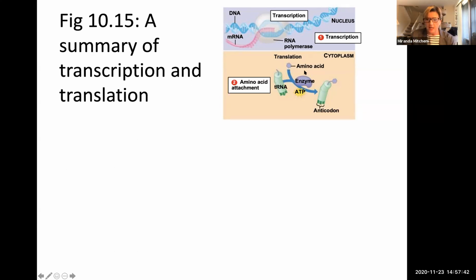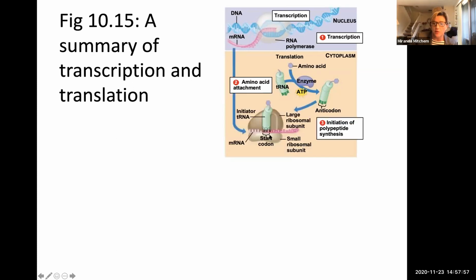So now we have to have our transfer RNA molecule that has the amino acid and the anticodon. It begins with the attachment site of everything coming together. So that's off of the start codon. Our initiator transfer RNA with methionine is coming in to bind to that start codon.